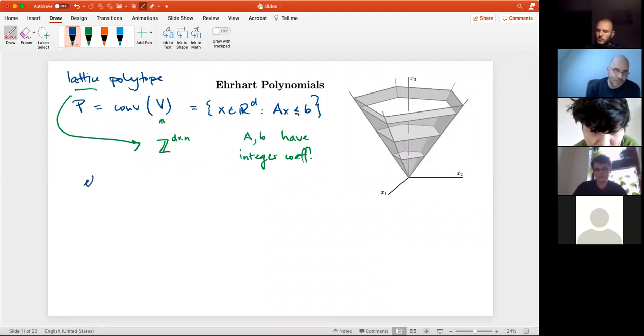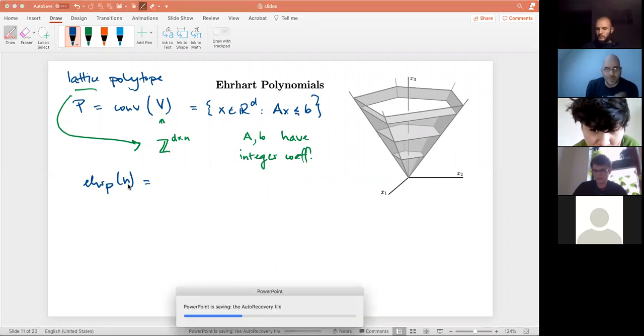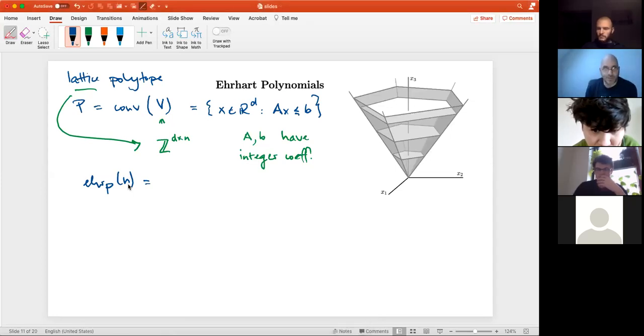Again, we started with this yesterday. What I'm interested in is the Ehrhart function. Yesterday I started to motivate this by a volume problem, counting grid points as I make my grid finer and finer. But we can also think of dilating the polytope and counting integer points.